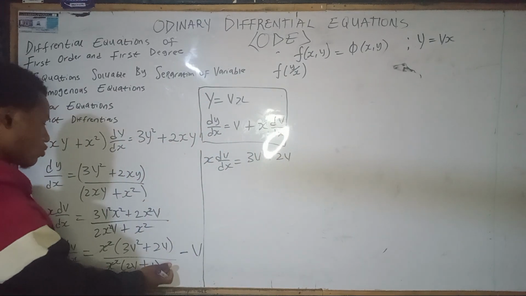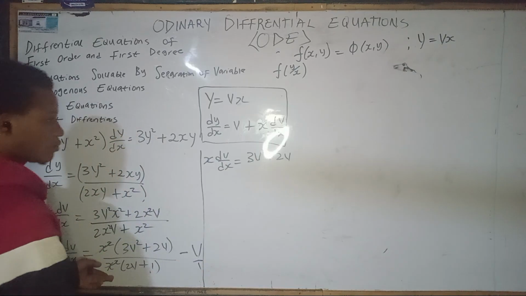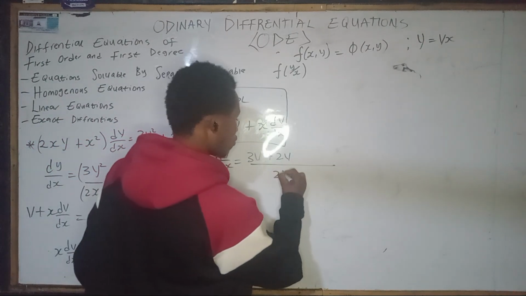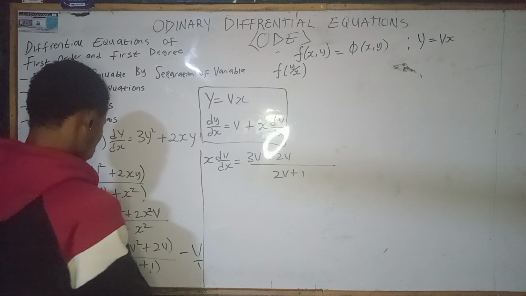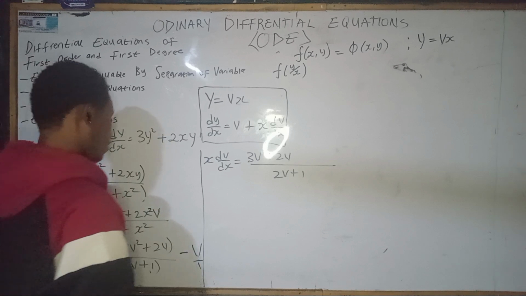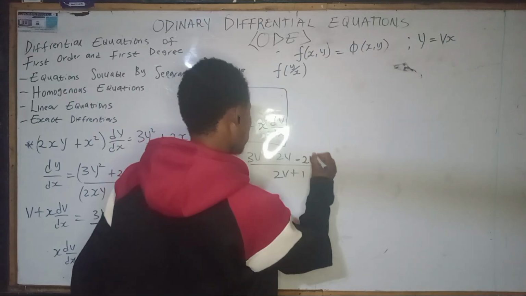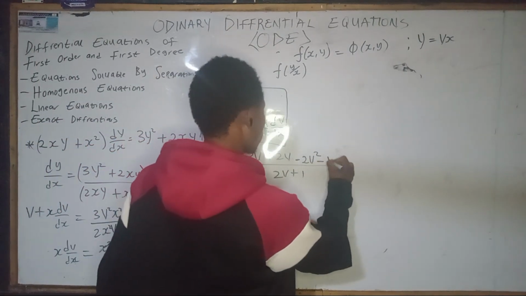Now what we want to do here is find the LCM. We have v over 1 and we have 2v plus 1. So the LCM here is going to be 2v plus 1, which is under here. So if we multiply 2v plus 1 by v, we are going to be having minus 2v squared, and we have minus v.